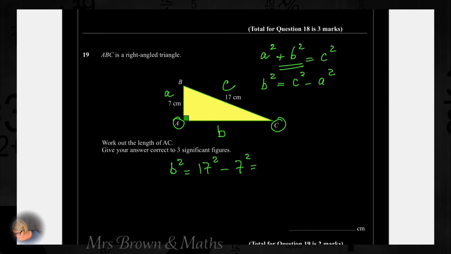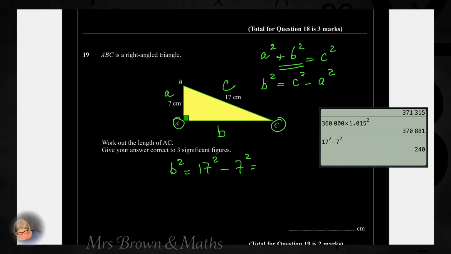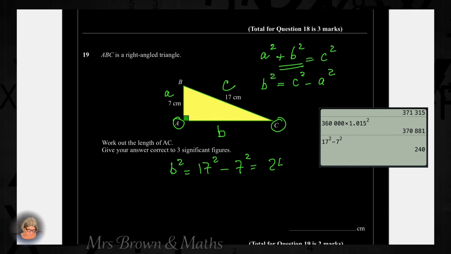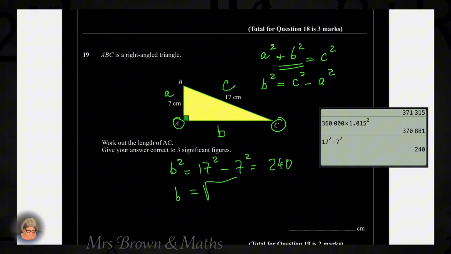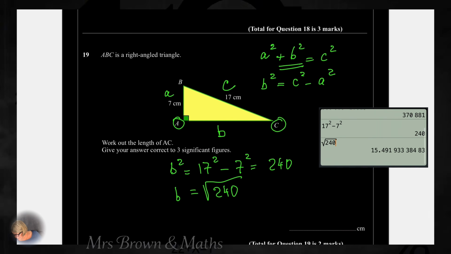Just use your calculator. 17 squared, take away 7 squared, which is 240. So what would be B? Square root of 240. Right, let's work it out.